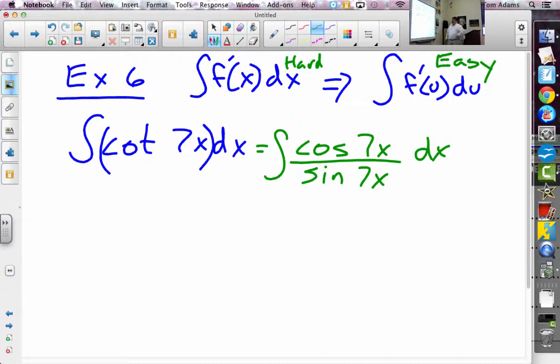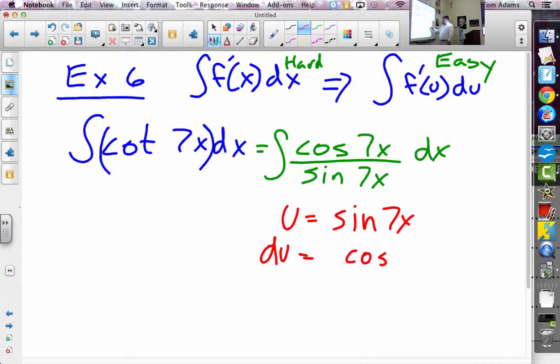Well, if I choose sine of 7x, I'm probably going to have du over u, and do we know the antiderivative for 1 over u? Yeah. So if I let u equal sine of 7x, then du is, and this is the interesting thing, cosine of 7x, but remember, because of the chain rule, you've got to tack on a 7 in the front.